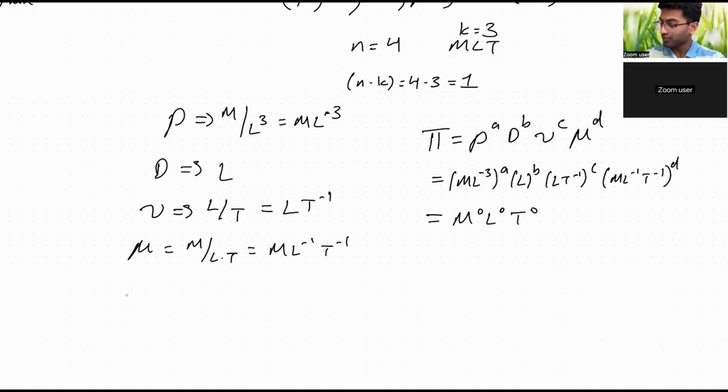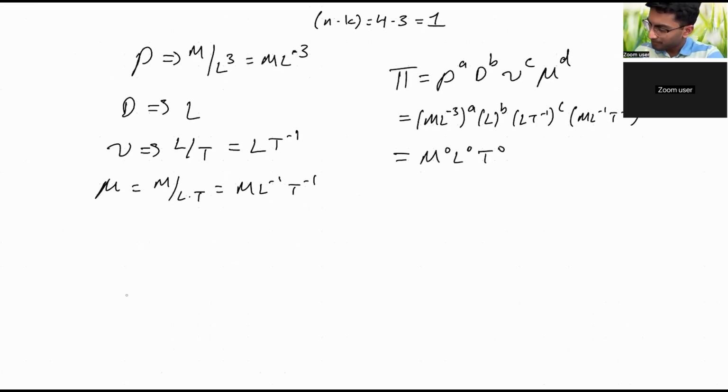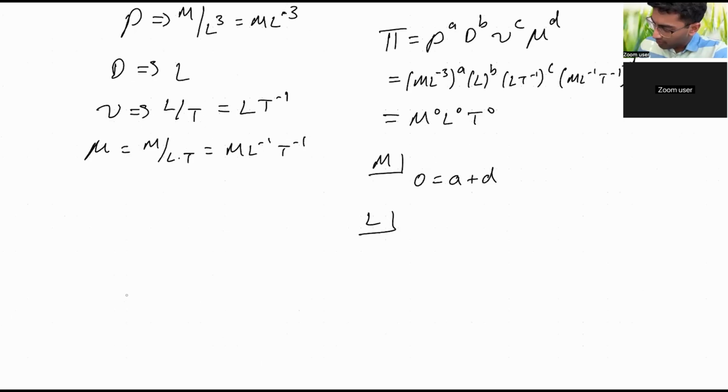So now we have a system of equations that will allow us to actually solve for A, B, C, and D. So, for example, if we look at the mass, we get 0 is equal to A plus D. If I look at the length, I have 0 equals negative 3A plus B plus C minus D. And then lastly, time, you have minus C minus D.